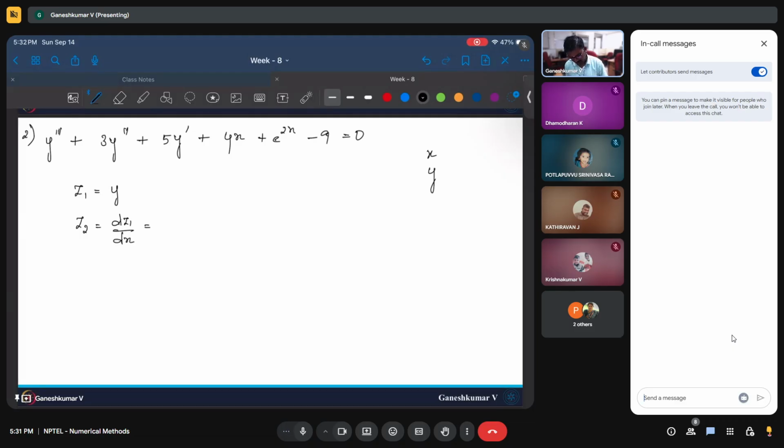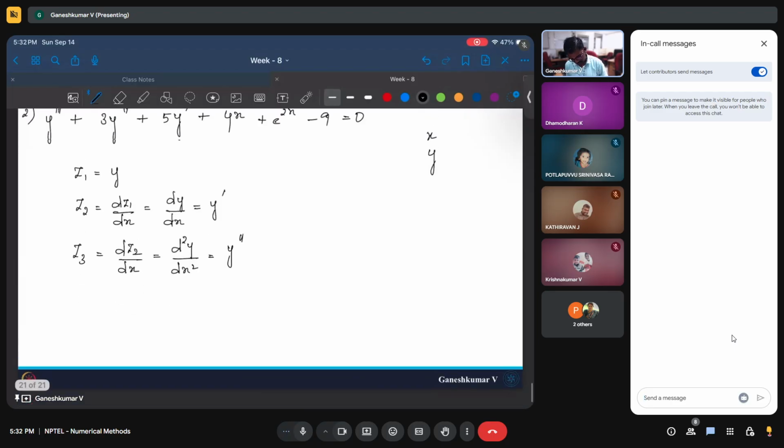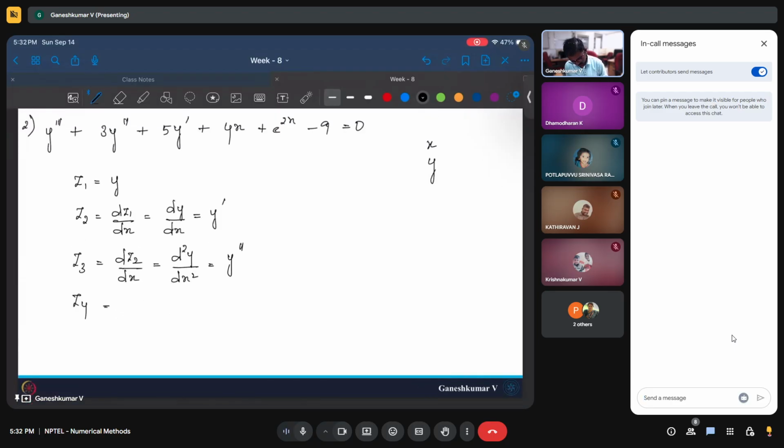If you differentiate z1, it becomes dy by dx, which is nothing but y dash. Now z3 is dz2 by dx, which is d square y by dx square, equal to y double dash. Similarly, we can write z4 to be y triple dash.